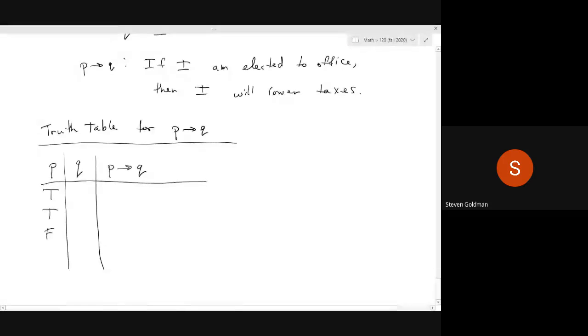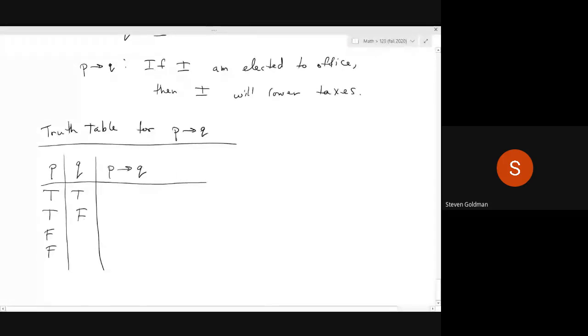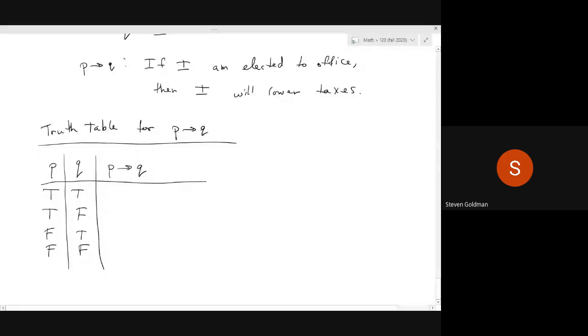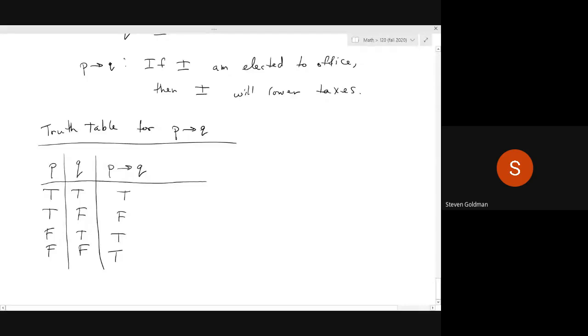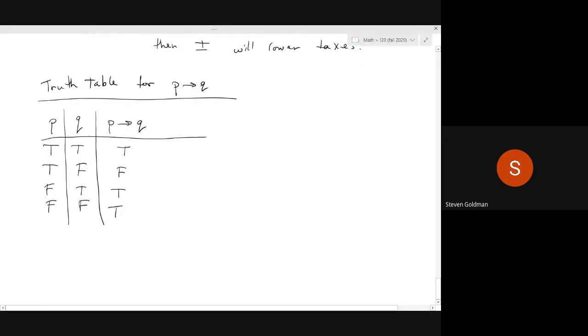So true, true, false, false, true, false, true, false. In the first case, P and Q are both true. The conditional statement is true. In the second case, P, the hypothesis, is true, Q is false. The conditional statement is false. And in the next two cases, the conditional statement will be true. So a conditional statement is only false when the hypothesis is true, but the conclusion is false.